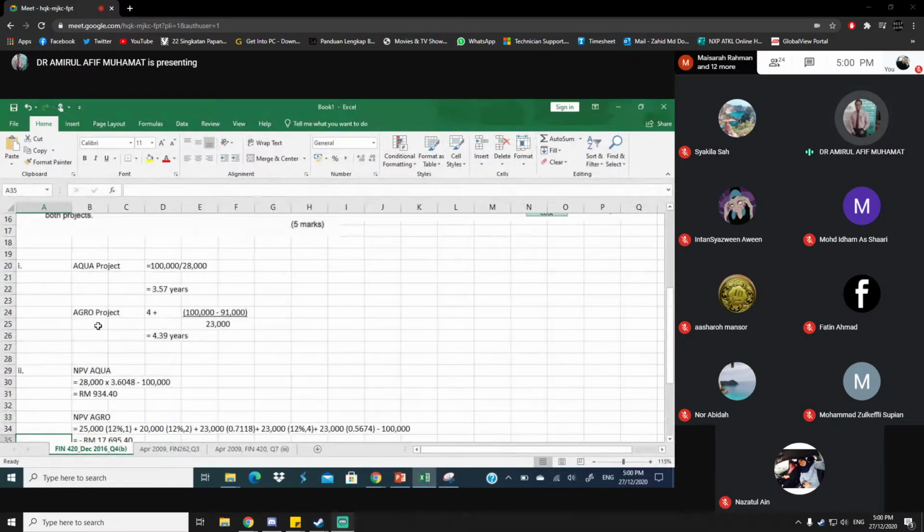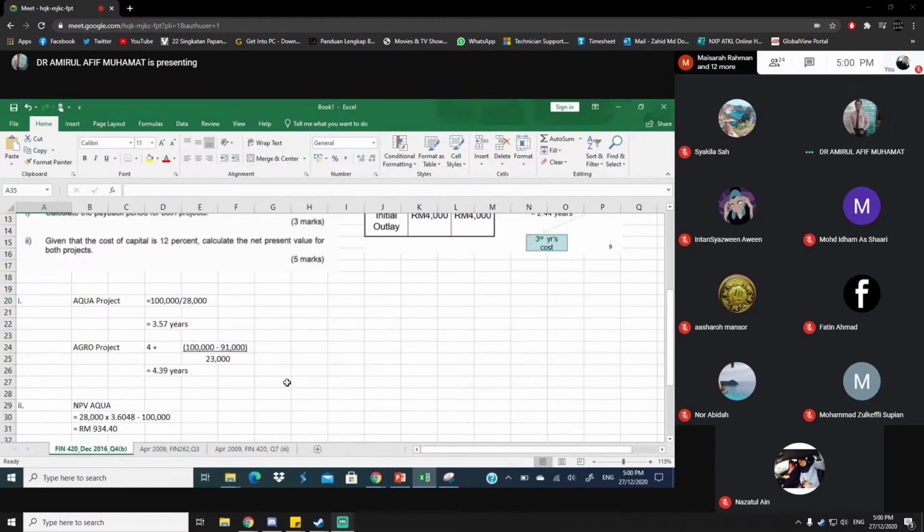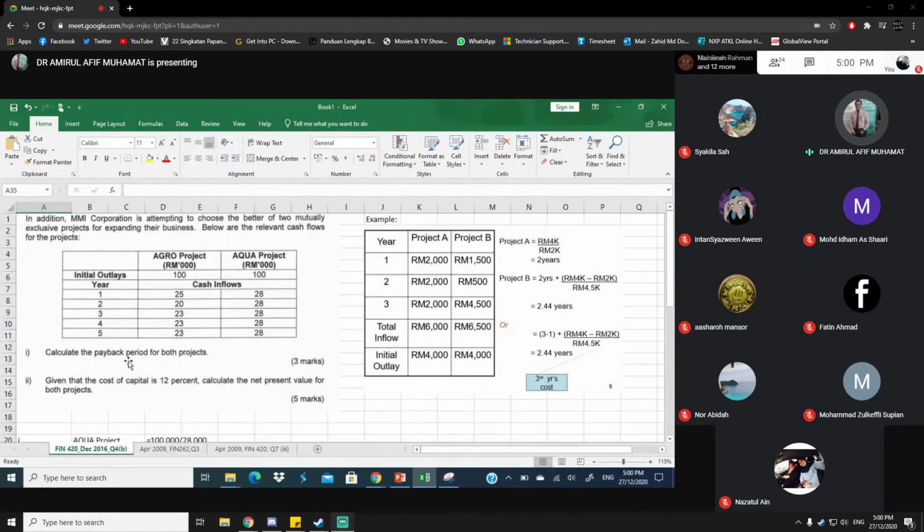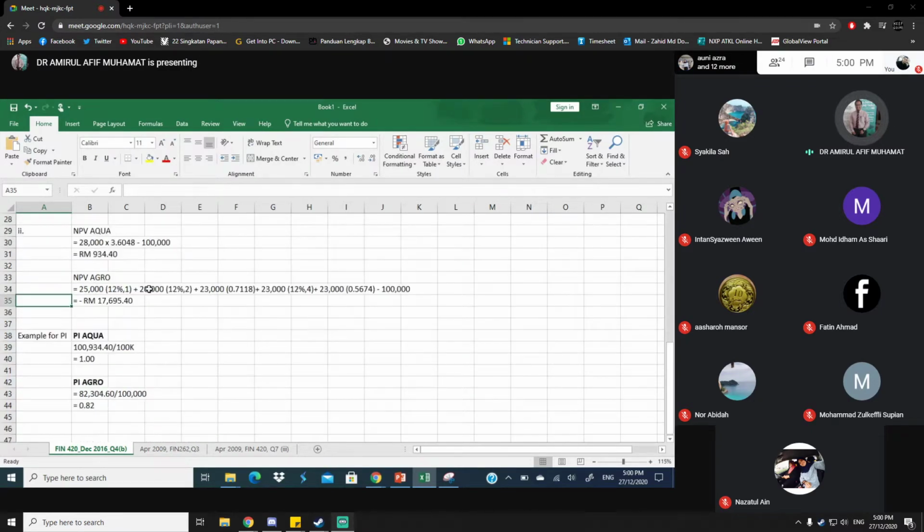If there's no question, I'll show you an example. For this particular past semester exam question, there is no indicator asking for PI, but I just give you some simulation, some scenario. Example, profitability index for Aqua and Agro.